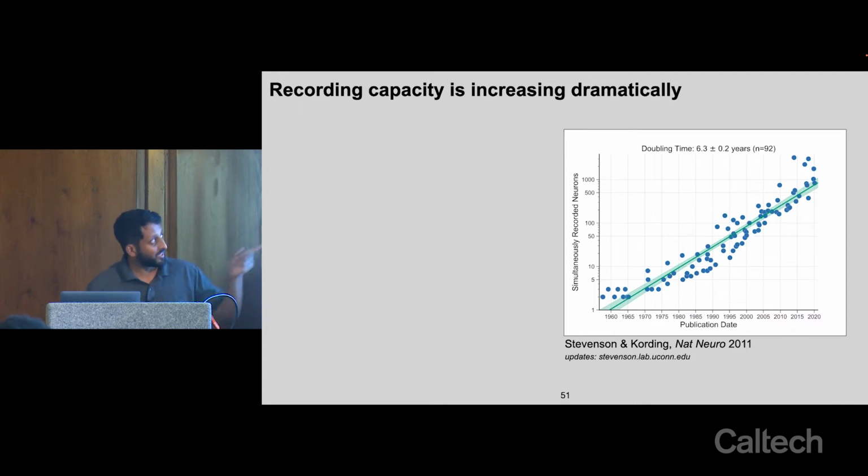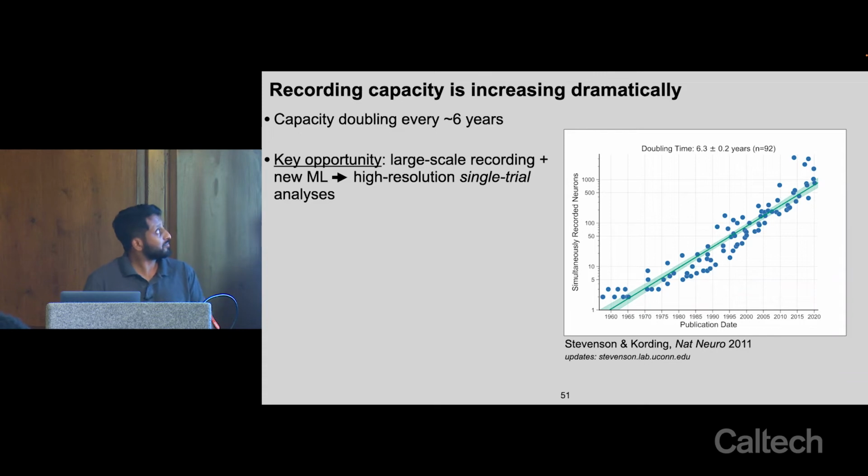And if you look at recent data, it's maybe even breaking off of that, with high density silicon, or maybe you can start to fold in calcium imaging. We're really starting to get to massive populations, thousands of neurons recorded simultaneously. Even if you just take this linear trend, our capacity is doubling about every 6 years. So this is a key opportunity.